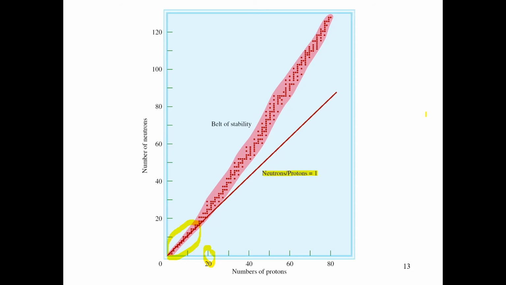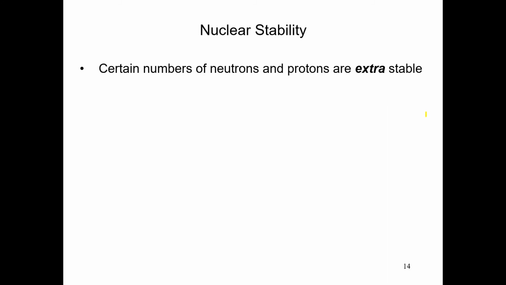Very quickly here, as we go through these, there's some patterns that emerge, and we're not going to go in detail over these. But for example, it seems like certain numbers of neutrons and protons are extra stable. For example, numbers of neutrons or protons like 2, 8, 20, 50, 82, 126, atoms that have those type of numbers seem to be stable.